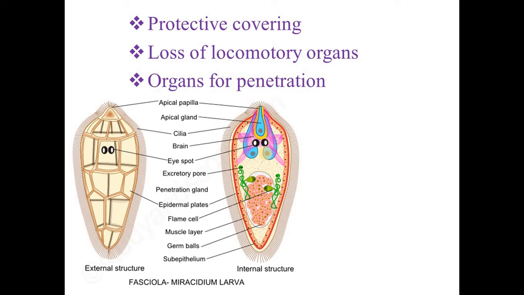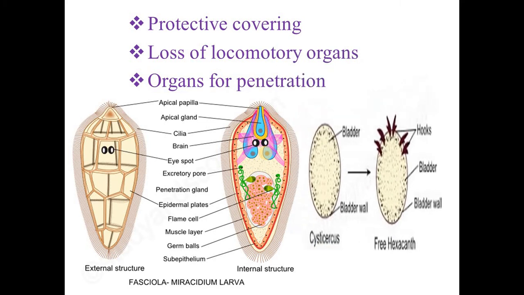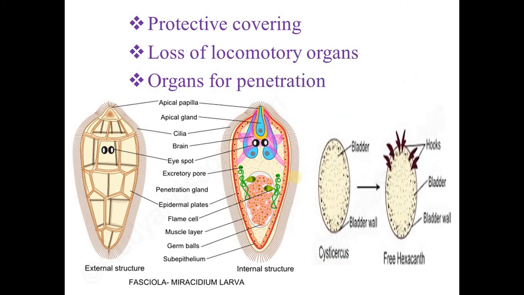Another example for organ of penetration is the free hexacanth larva, which has 6 hooks. First, second, third, fourth, fifth, sixth. 6 hooks are present that help in the penetration so as to enter the body of the host.